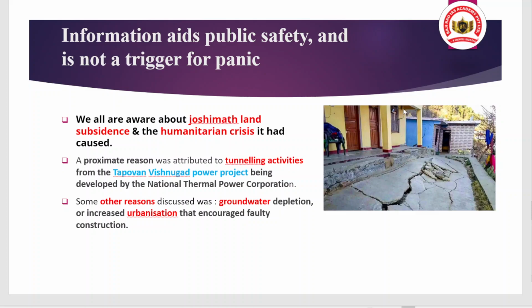Okay, so for understanding the exact cause, there was a need to have a proper study. So the Uttarakhand Disaster Management Authority consulted approximately 8 institutions, so that they can elaborate on the causes in a more scientific way.